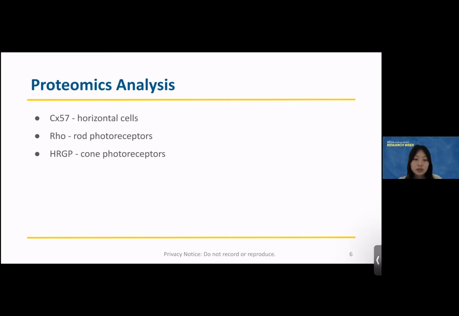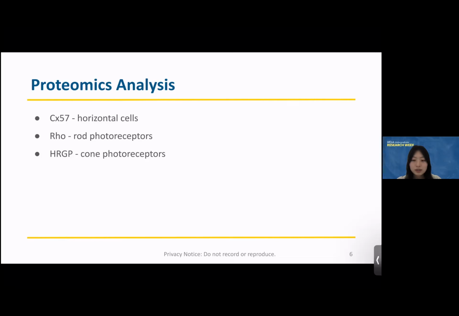Across all 3 cell types, comparisons between control and experimental samples collectively revealed upwards of 2,000 differentially expressed proteins. Additionally, gene ontology results yielded many proteins belonging to categories such as cell adhesion and signal transduction.